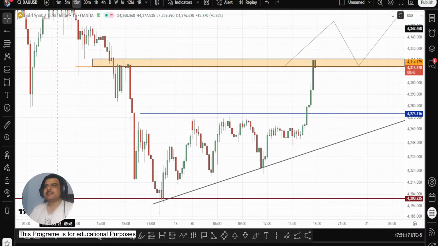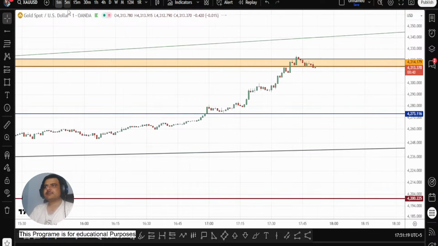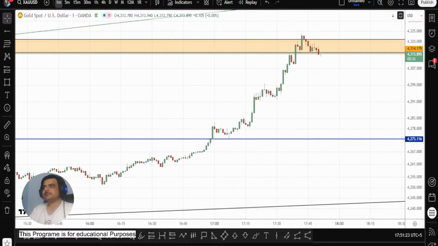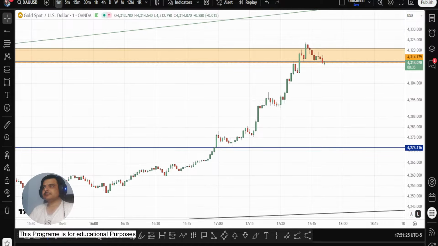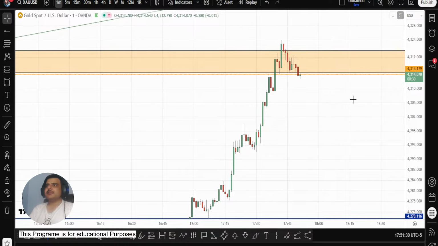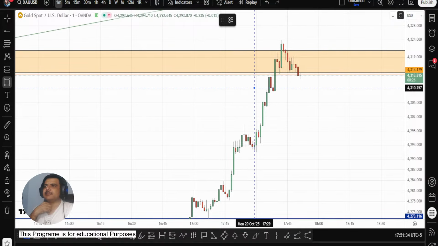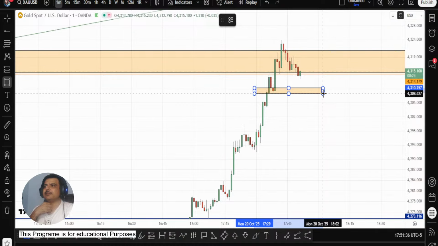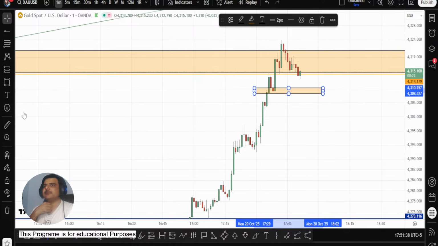Now let's see this on the 1 minute. There will be several levels on the 1 minute. If on the 1 minute, let's say it comes back down till here and it gives us a rejection from right here, that's fine.